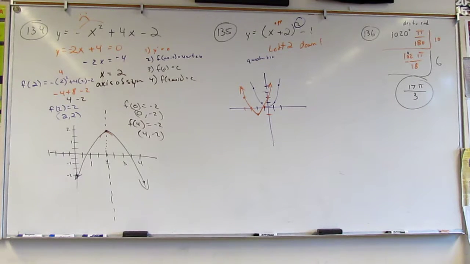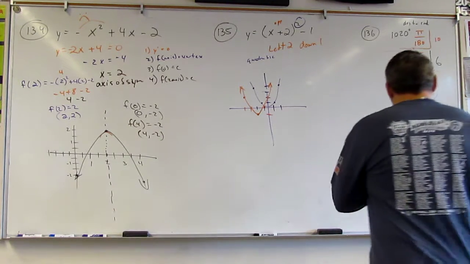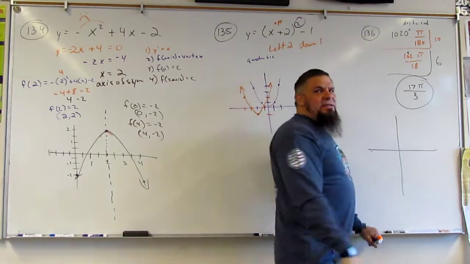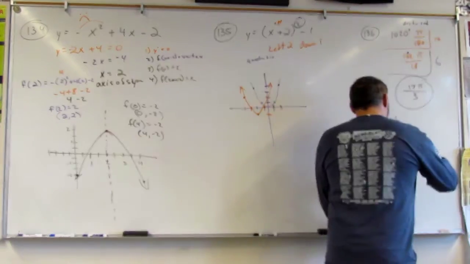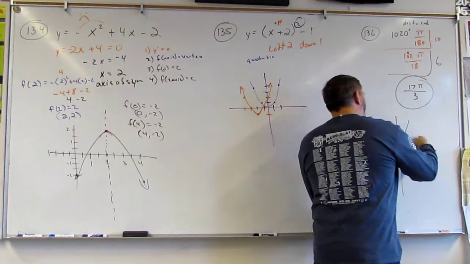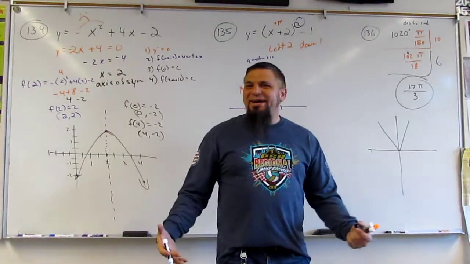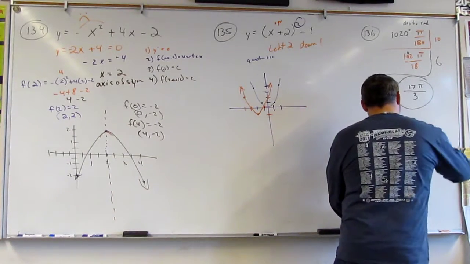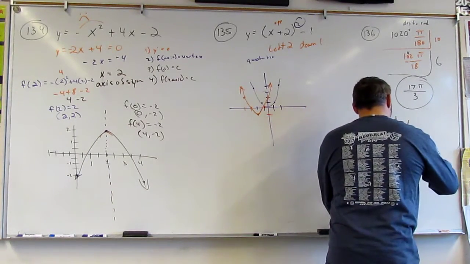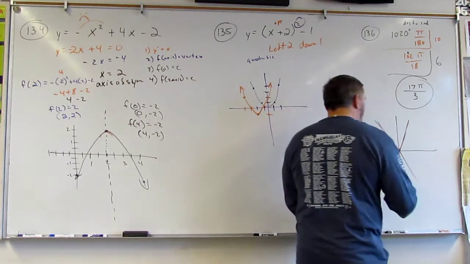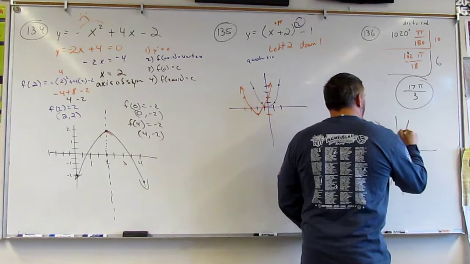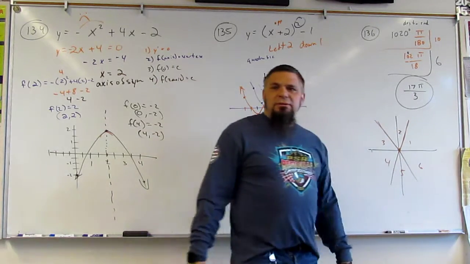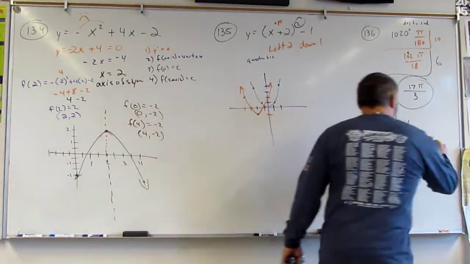If they wanted you to graph that, it's not hard. I'm breaking this up into 3 pieces. 1, 2, 3. Let me do that in a different color. 1, 2, 3, 4, 5, 6. And this is 2 pi.